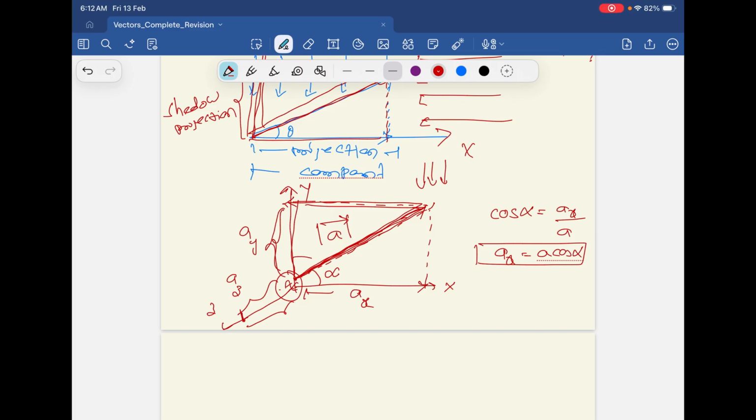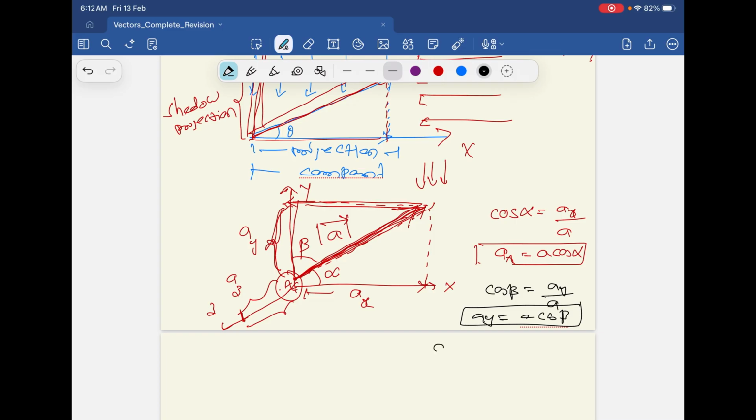This angle you can say 90 minus alpha, or you can also take some other angle. If it is in space, you can take this resultant a bar vector making an angle of some beta with y-axis. Then ay becomes how much? One side is ay, hypotenuse is a, so ay becomes a cos beta.